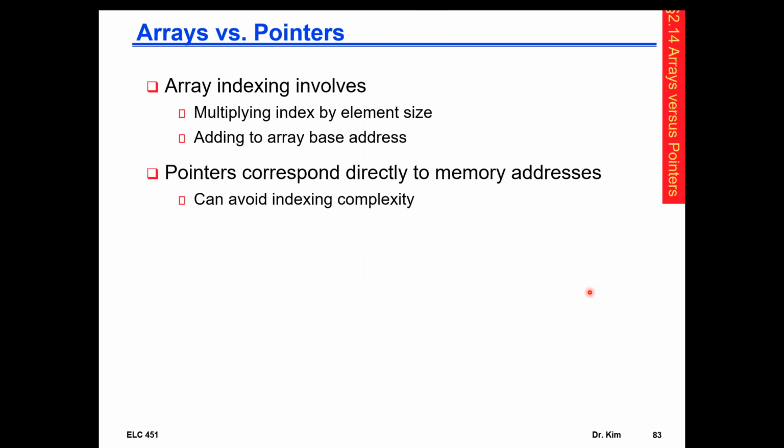Another issue is array indexing versus using pointers. Not all languages support pointers, but you know that pointers correspond to direct memory addresses. So that can avoid indexing complexity and calculations, so it tends to be more efficient.